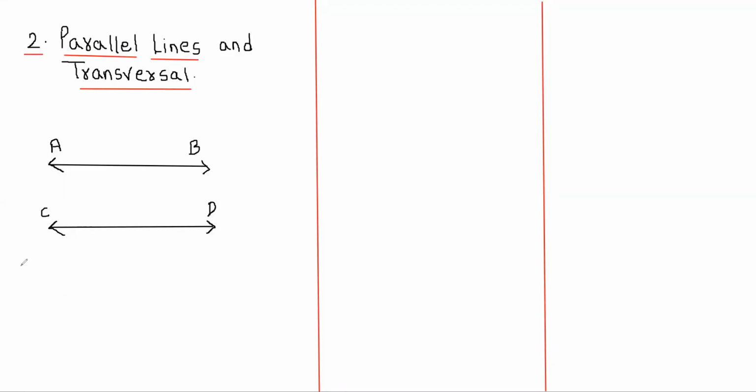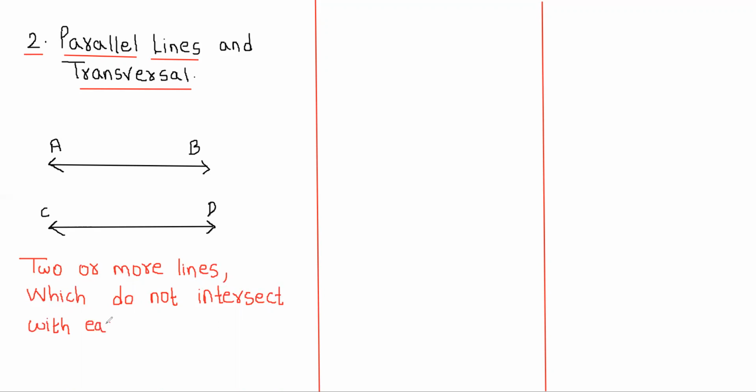So write the definition of parallel lines, students: two or more lines which do not intersect with each other at any point are called parallel lines.